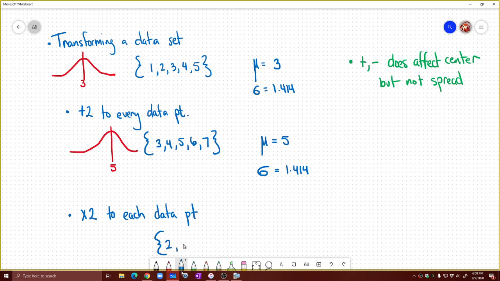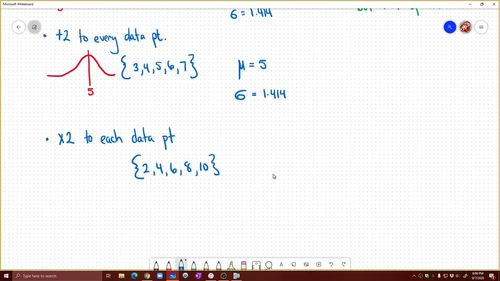So now I would say 2, 4, 6, 8, and 10. So now again, I can pause here for a moment for you guys to kind of work it out and put it in the calculator. And when you do, you should be getting that the mean is 6 and the standard deviation is now going to be 2.828.